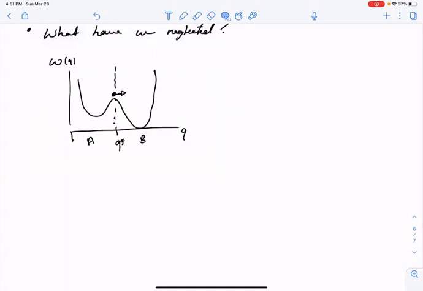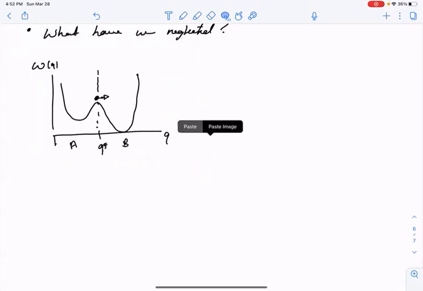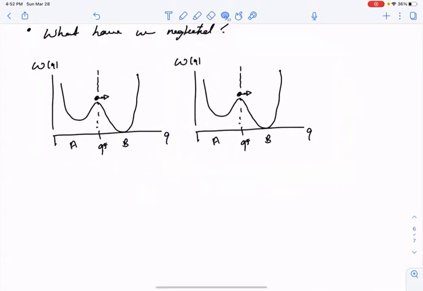Well, imagine, for example, that this q coordinate is only one of the coordinates in the system, that there were dynamically other coordinates that were important. Say, for example, this q is a bond length, but that bond is a bond of a molecule in a solution.